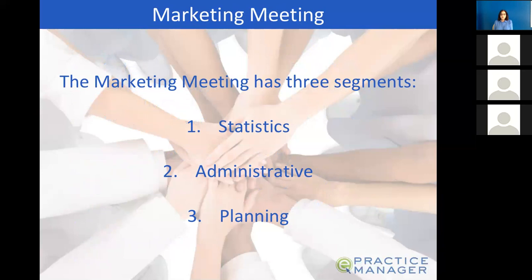Marketing meeting. Many practices do not have this marketing meeting in place. It's important that you do. All practices need to grow. And if we're talking about a general practice in particular, the attrition rate, how many patients you lose in any given year, can run as high as 8 to 10% for your practice.